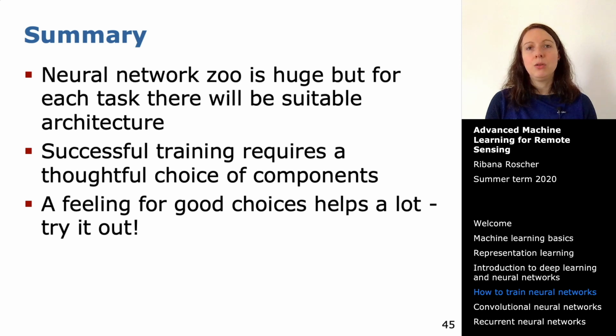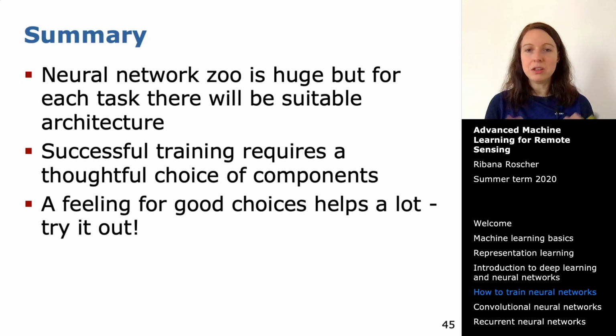But you need to think about the training procedure, and it requires a thoughtful choice of all the components. As a take-home message, I want to tell you that a feeling for good choices helps a lot, and you need to try it out. To get a feeling for it, you need experience.